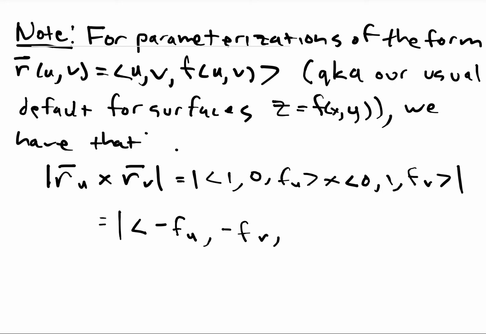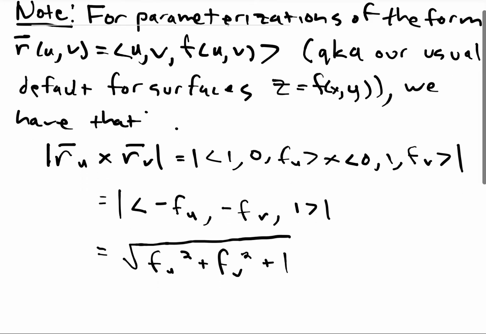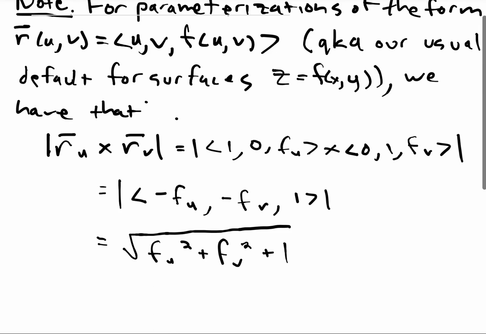And then in the third component, you're just going to get a 1. When I go to take the magnitude of that, I don't necessarily need to hang on to my signs. I'll just get an f_u squared, an f_v squared, and a 1.